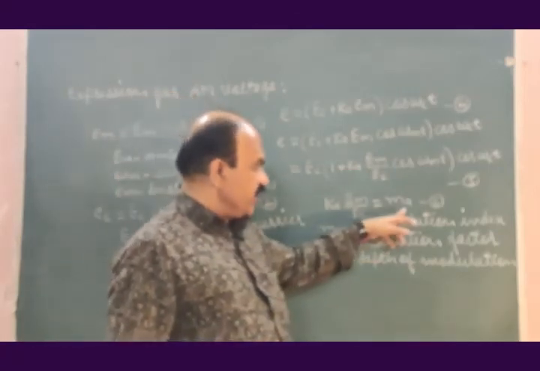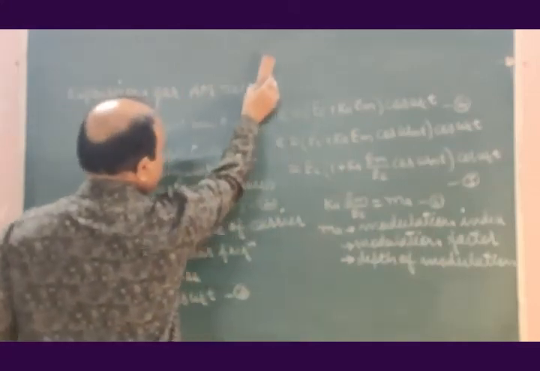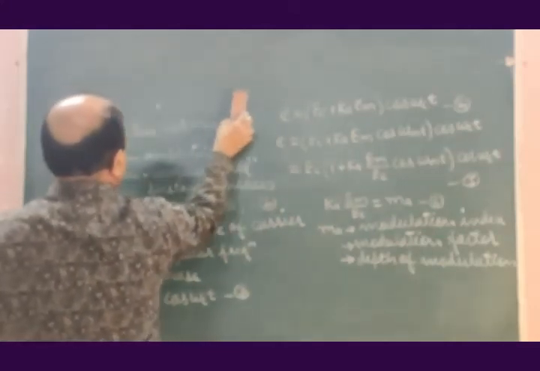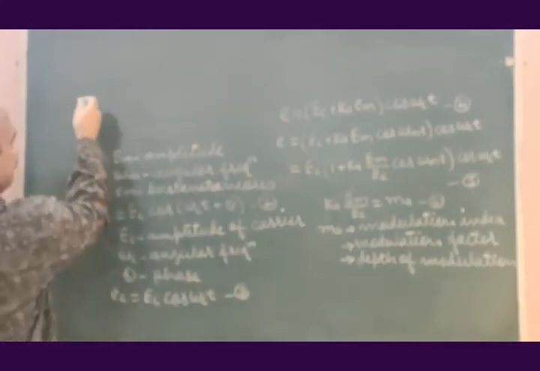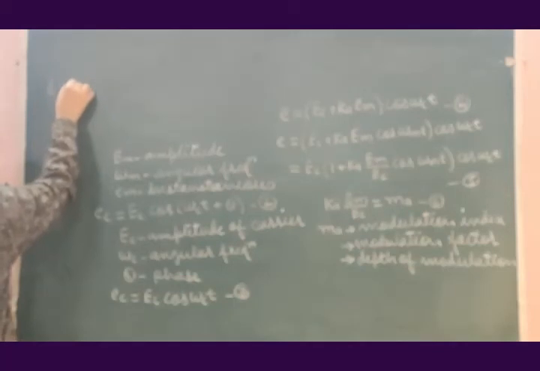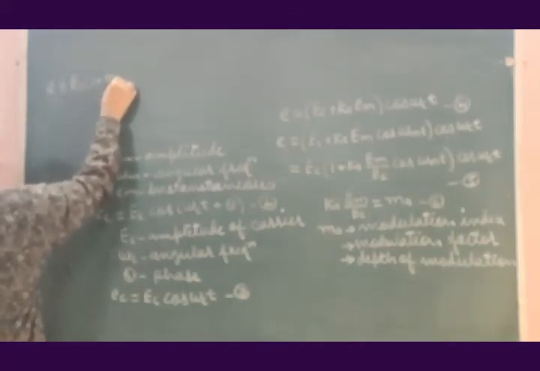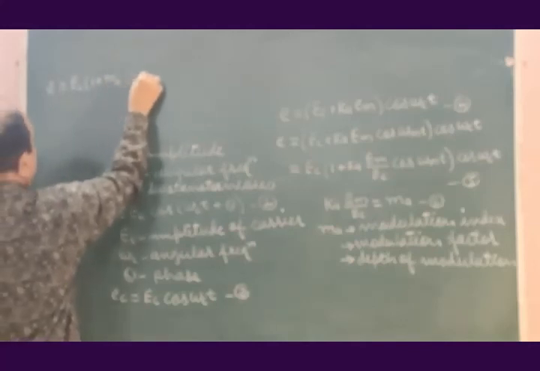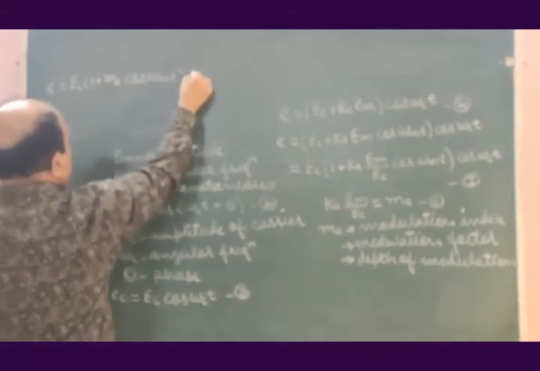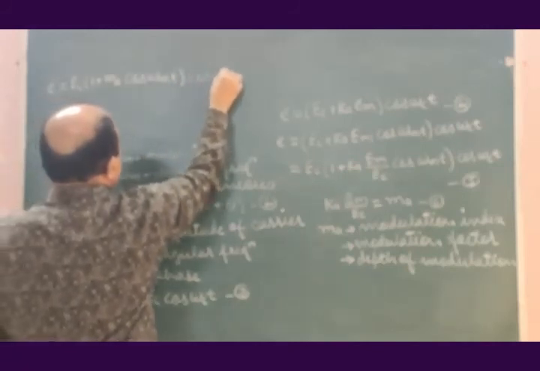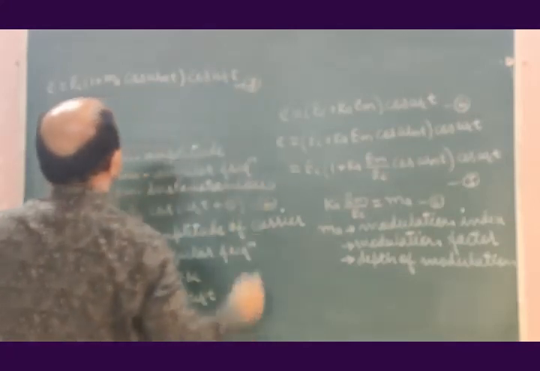So let us use equation 6 in equation 5. If we use equation 6 in equation 5, we will have equation 5 as E is equal to Ec into 1 plus Ma cos omega mt bracket complete cos omega ct, equation number 7.